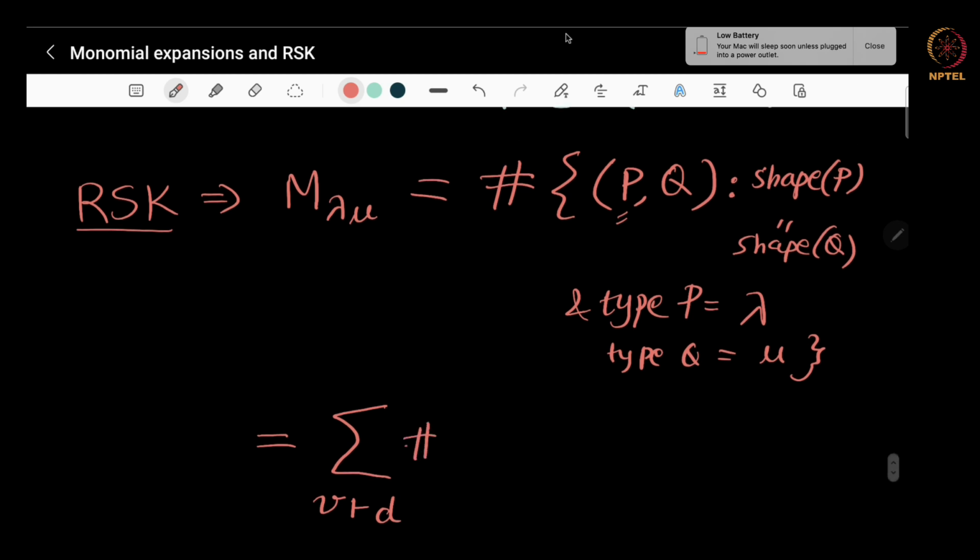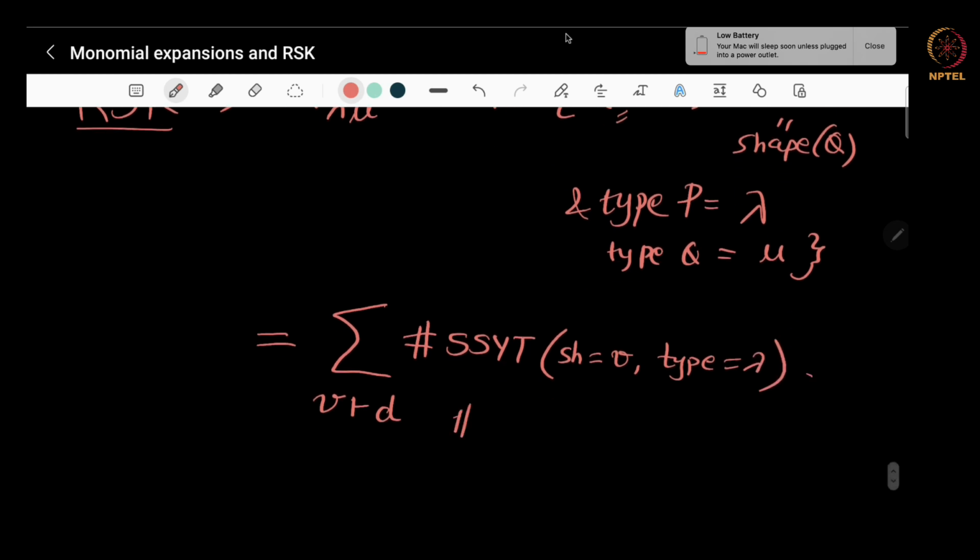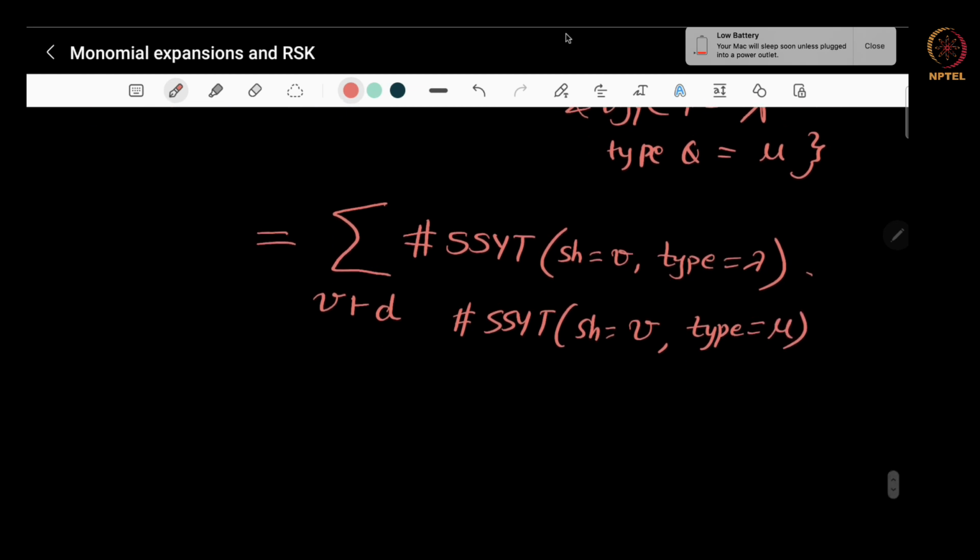So this is the cardinality of the set of semi-standard Young tableaux of shape nu and type lambda, times the same thing for mu, shape nu and type mu. This is something we have done before. This number is what's called K nu lambda, the Kostka number, and this is the Kostka number K nu mu.